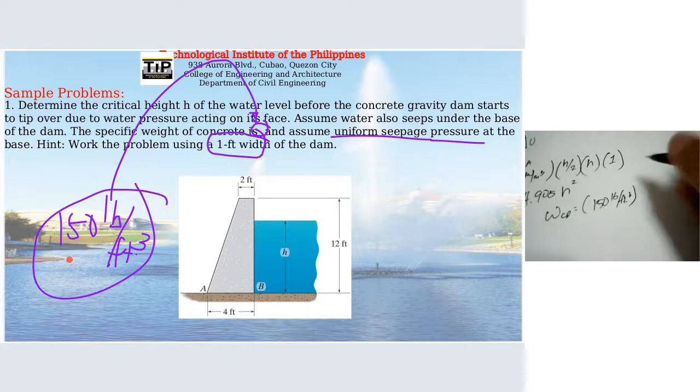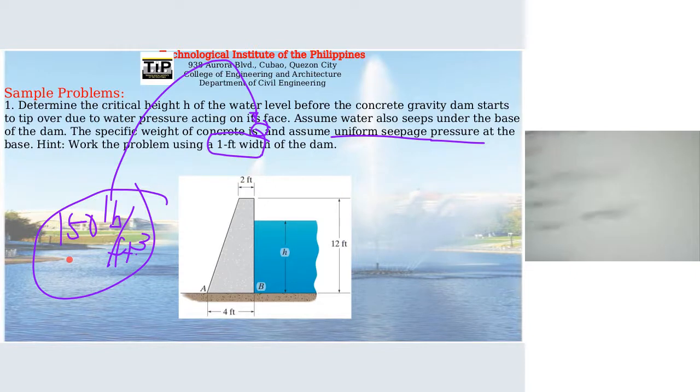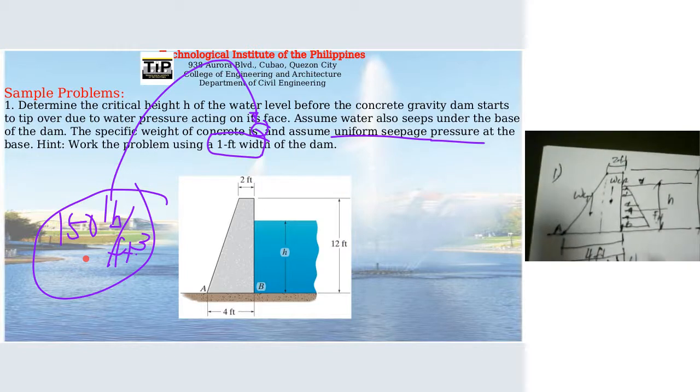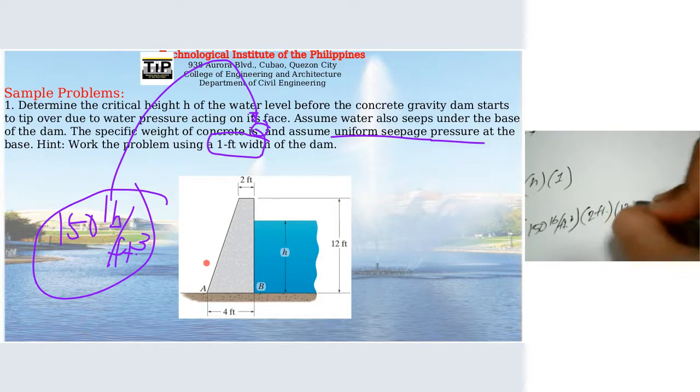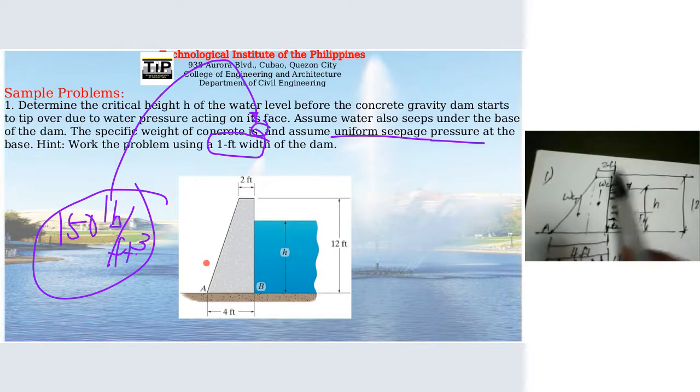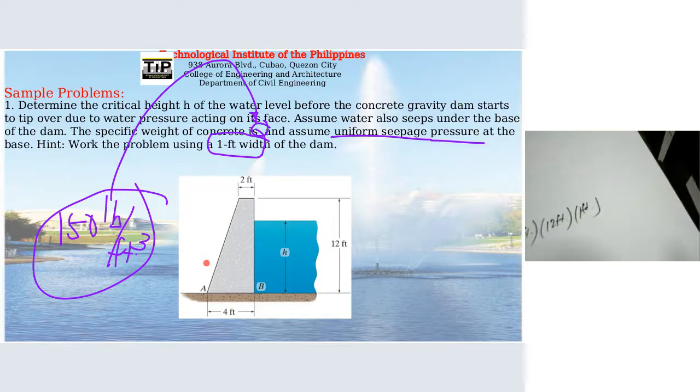We multiply this by the volume. Let's look at the figure. We have 2 times 12 and then times 1. 2 and 12 are the dimensions of this rectangular figure, and 1 is the width.